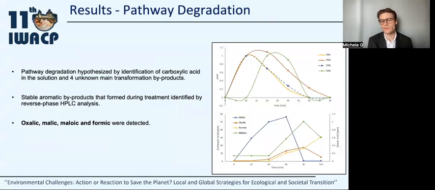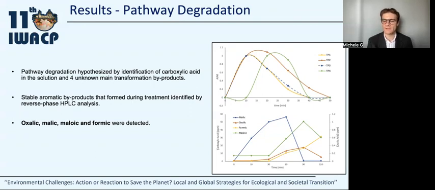Lastly, the last portion of the results regarded the degradation pathway, and it was hypothesized by the identification of carboxylic acids in the solution and then 4 unknown main transformation byproducts. The stable aromatic byproducts that were formed during the UVC and hydrogen peroxide treatment were identified by reverse phase high-performance liquid chromatography analysis of aliquots collected at different photon-driven treatment times.